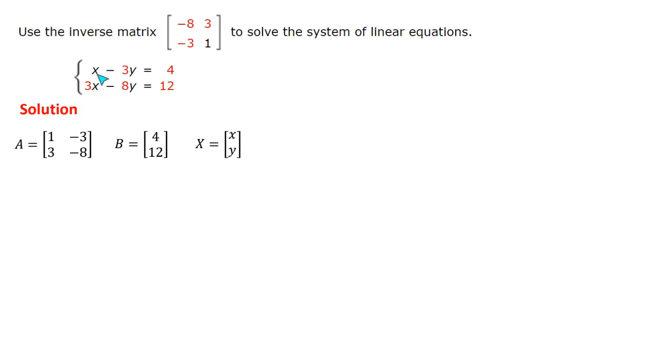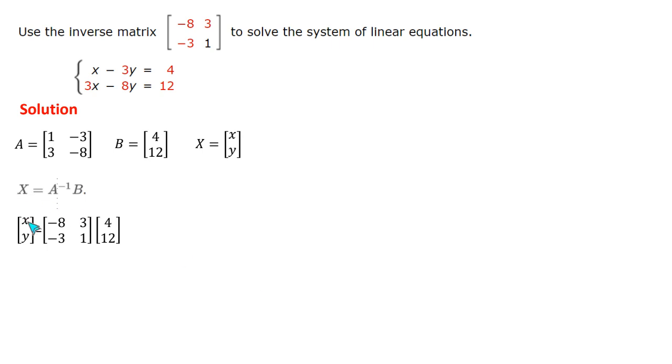So here from this system, you need the augmented matrix, which is just the coefficients. We're going to call it the coefficient matrix. So we have 1, negative 3, 3, and negative 8. And then we're going to have a constants matrix, which is 4 and 12. And then we have a variable matrix, which is x and y.